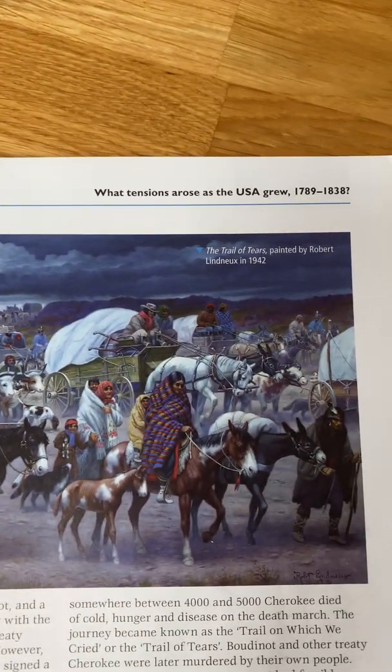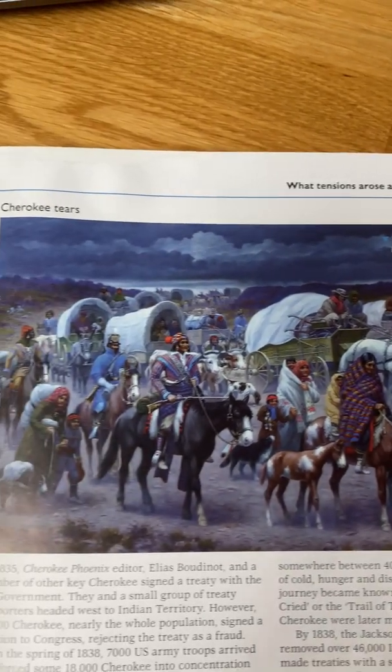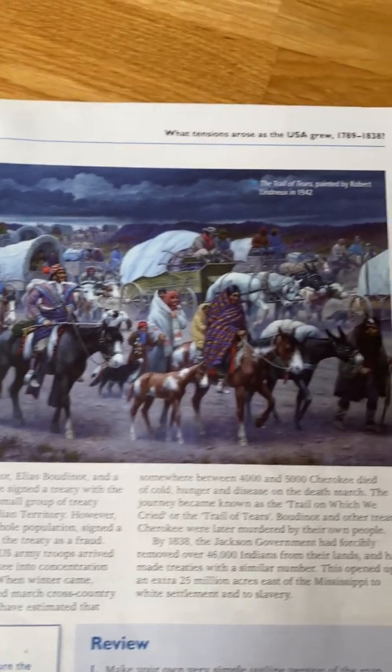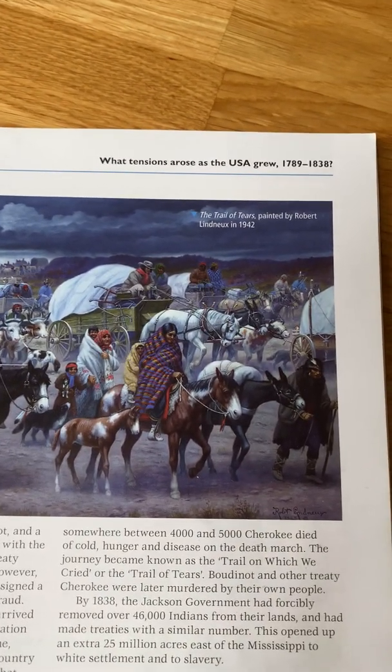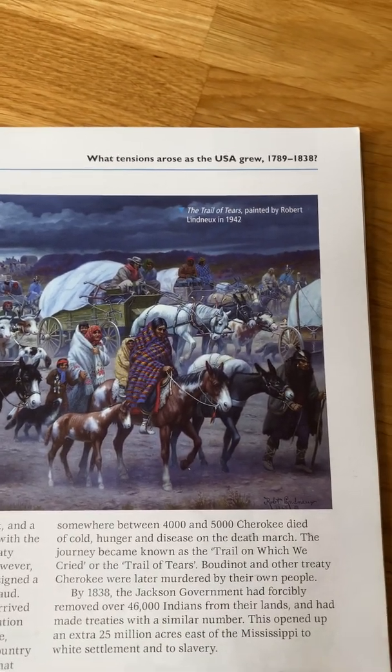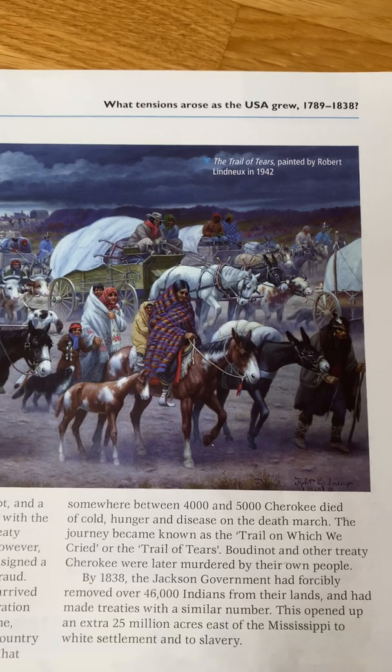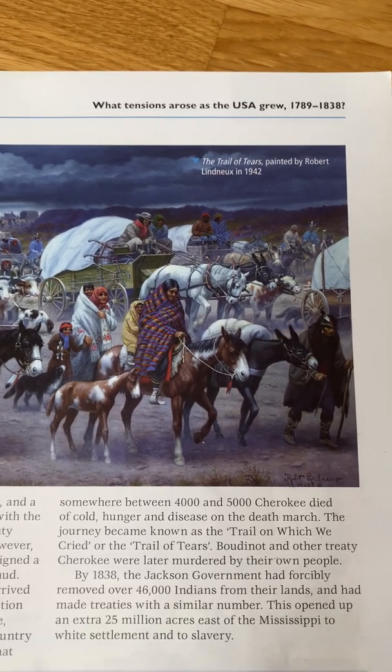The Trail of Tears, iconically captured in that painting that you will look at. And they die of cold, disease, hunger. Look, of 18,000, 4,000 to 5,000 of them die on the journey.